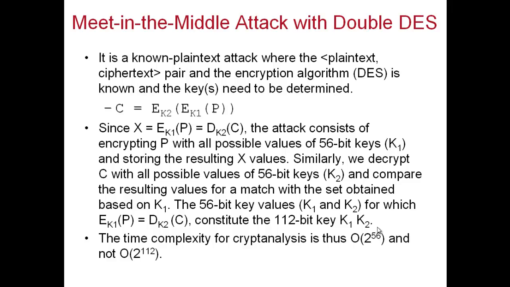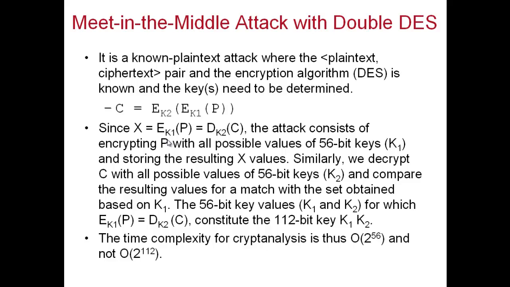But you don't have to try all 2 to the 112 combinations, because K1 and K2 are not used together. They are split and used as a 56-bit K1 and a 56-bit K2. Since they are used separately, we only try 2 to the 56 combinations of zeros and ones for K1 and another 2 to the 56 combinations for K2.